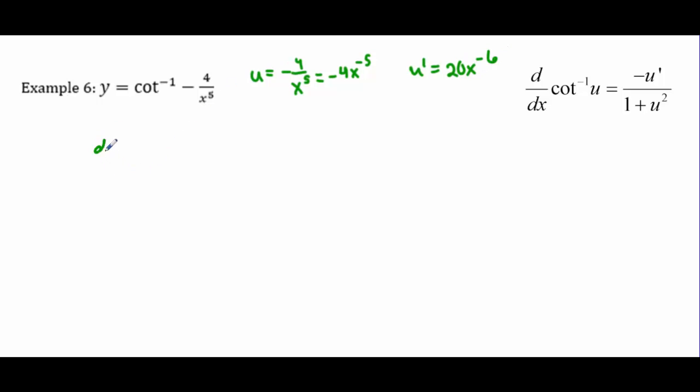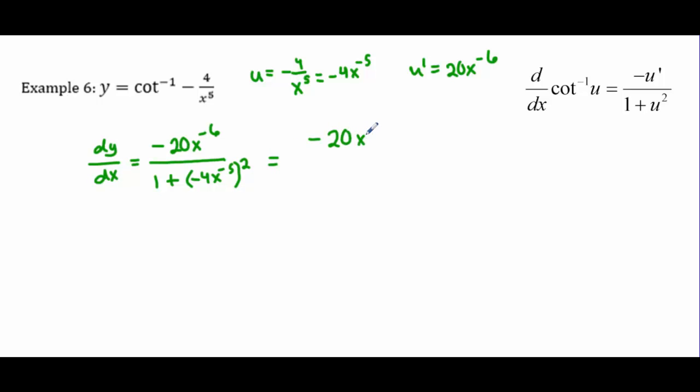I'm going to plug this in so that I get negative u prime, so negative 20x to the negative 6 over 1 plus u squared, so negative 4x to the negative 5th squared. All I'm going to do here is negative 20x to the negative 6 over 1. If I square negative 4, I get plus 16, and this is x to the negative 10th.